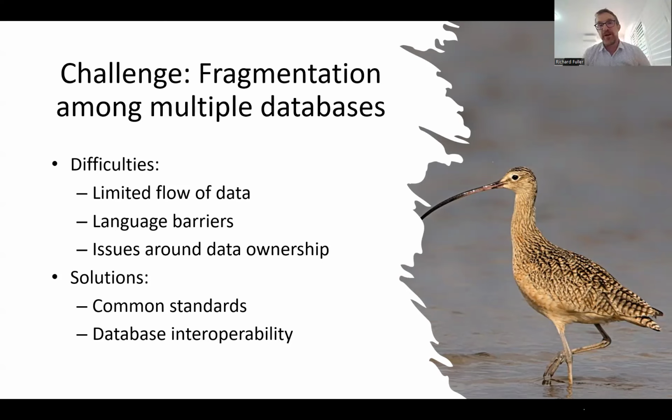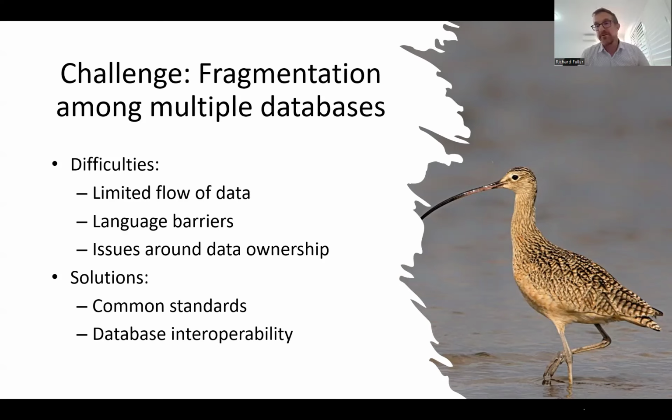But even with those efforts, there are many other high quality databases that are fragmented around our flyway. This often means there's limited flow of data from one part of the flyway to another. There can be a limited flow of data from the people collecting the information to those who might want to use that information for science or for management.